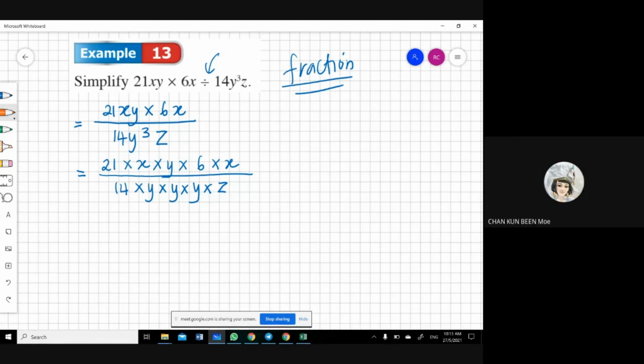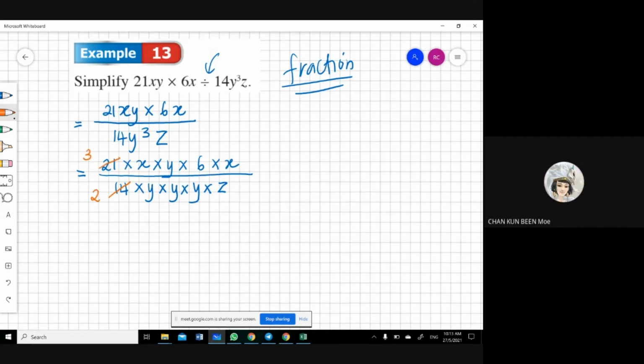Okay, good. You understand. So I'm going to simplify the 14 and 21. 14 and 21, what is the common factor that we can use? 7. 7, right? Thank you. 7 times 2, 14. 7 times 3, 21.